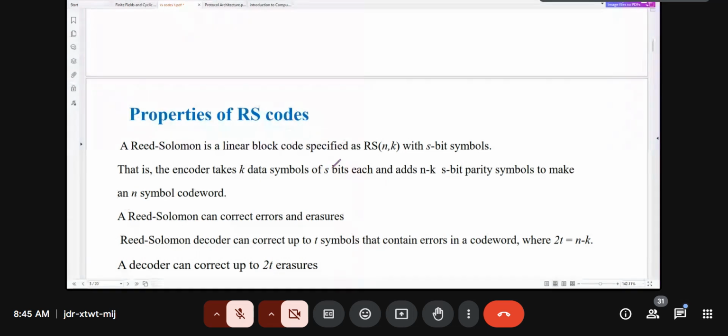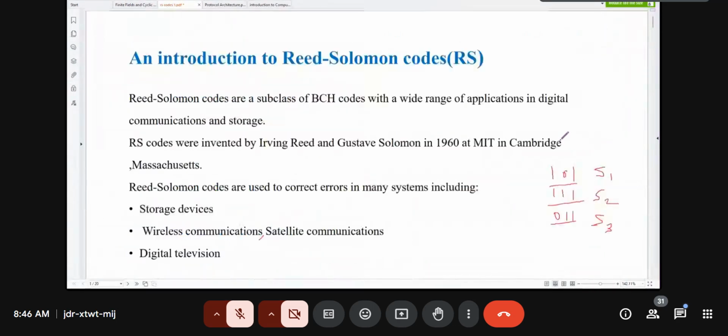So what are their properties? They are linear block codes specified as RS(n, k) with s-bit symbols. Now the s-bit is like what you are seeing here. Here it is 3-bit symbols, so s is 3 here.